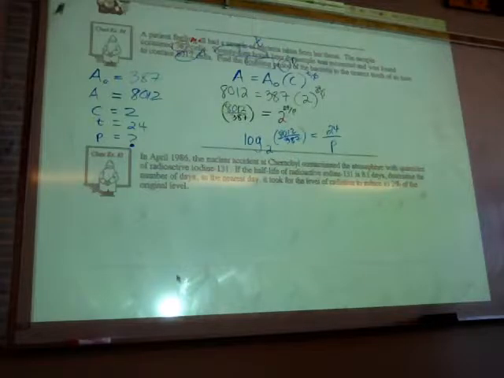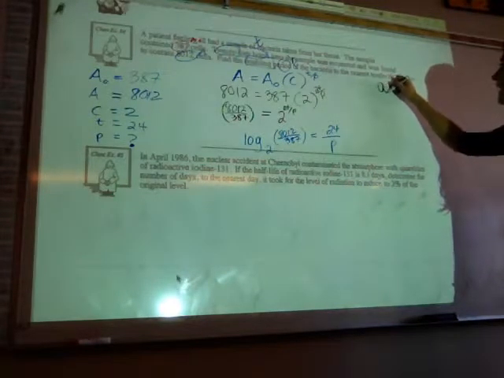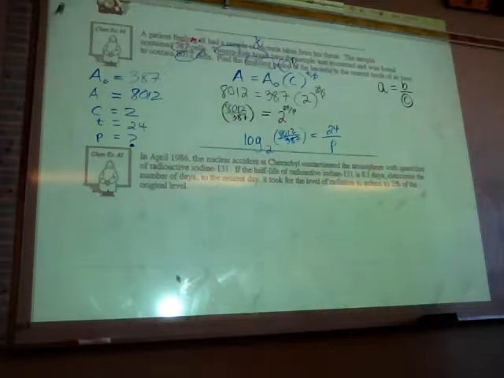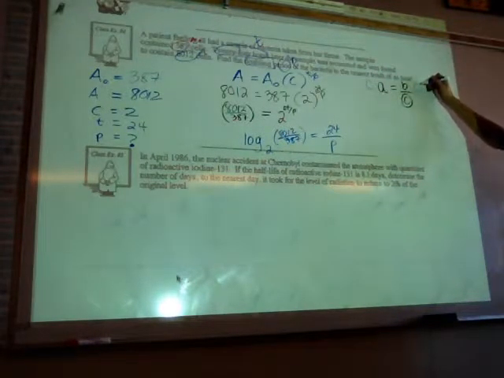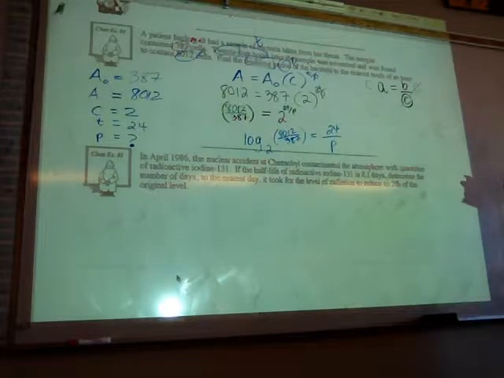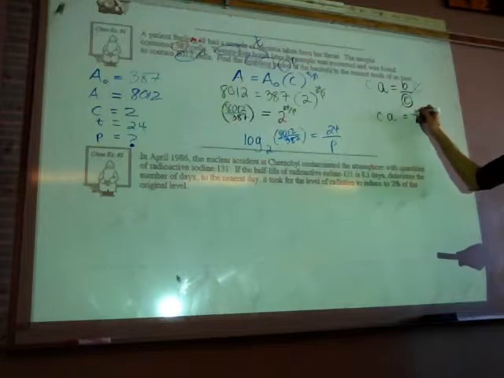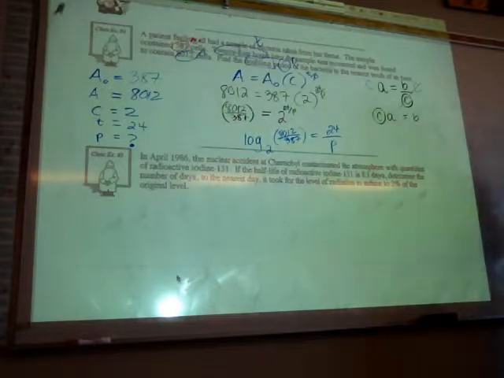Now before I go to solve this any further, I'm just going to do a real quick example on rearranging equations. So say I had a equals b divided by c, and my goal was to solve for c. It's in the denominator. So I would have to multiply both sides by c first, because I can't solve for anything in the denominator, so that would cancel out. Then I have c times a equals b. Again, my goal is to solve for c. So I need to now divide by a.